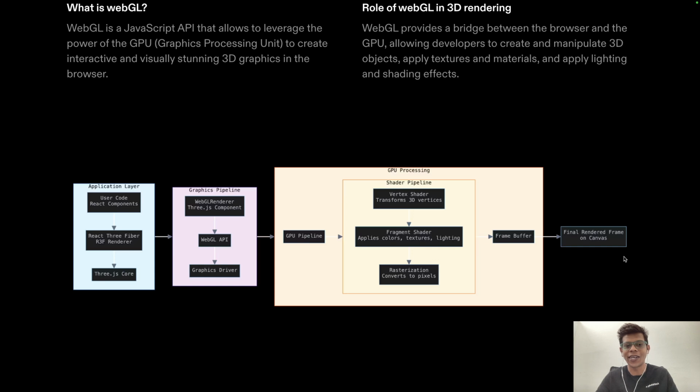Then it gets connected to the WebGL API through JavaScript, and then goes to the graphics driver, the GPU, where it calculates lots and lots of things. And then eventually it sends back some information to the browser, and the browser uses that information to calculate whatever it needs to, and basically prints everything on the screen itself. So that's the basic gist of what happens.